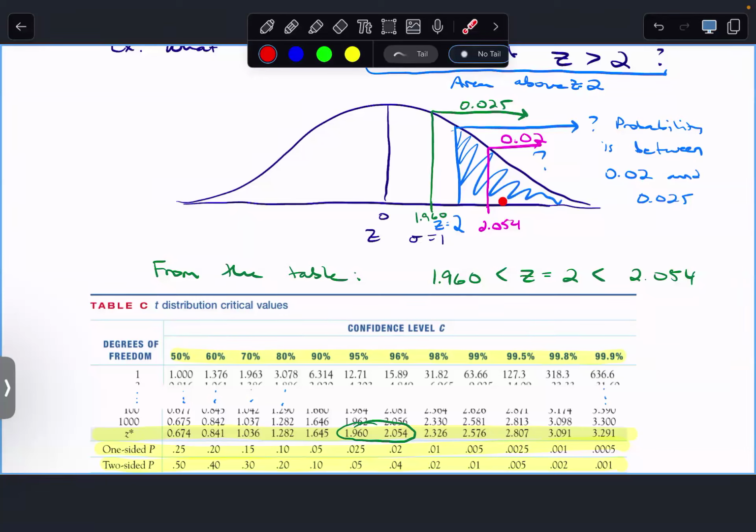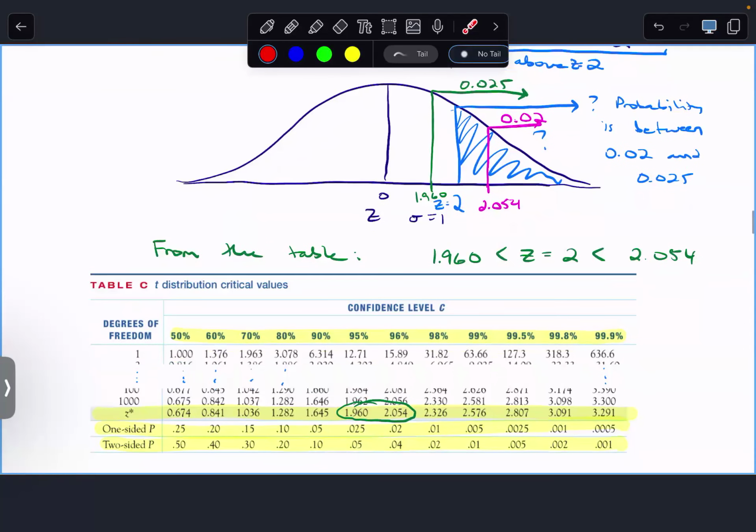But if you take a step back and say, this is my lower end of the probability and this is my higher end, it's going to be somewhere in there. And that's good enough for government work. It's good enough for us. So we'll use software.